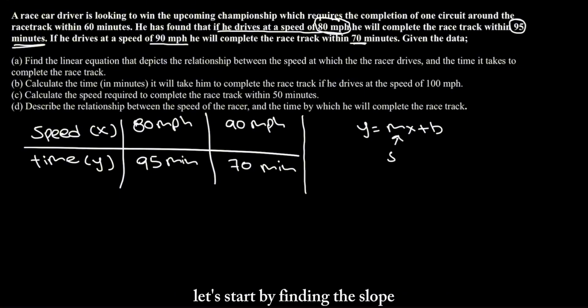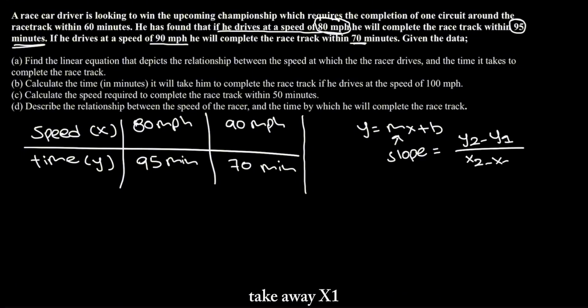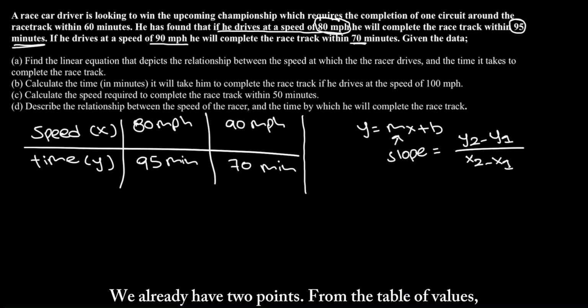Let's start by finding the slope, which is the value of m. Now, m has the formula y2 take away y1 over x2 take away x1. We already have 2 points from the table of values.